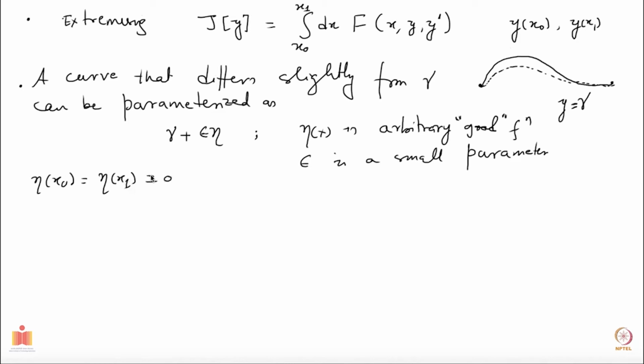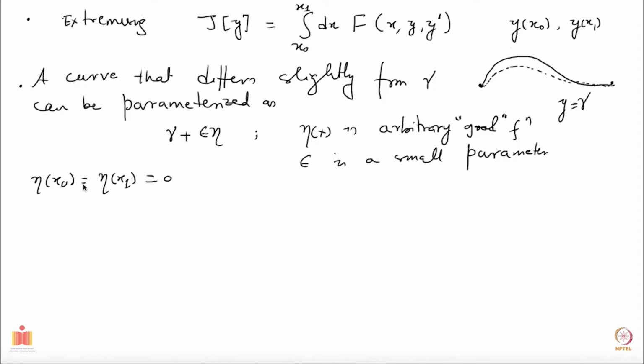That's required because I have already assumed gamma to be the correct solution, which means gamma itself has the correct values that it should take at these two endpoints. So any deviation should not change the values at the endpoint. So that's why you have this condition. Okay, that's good.